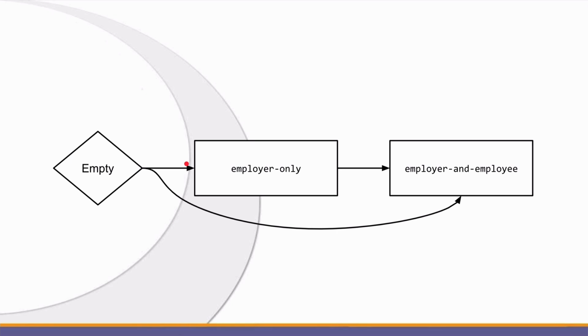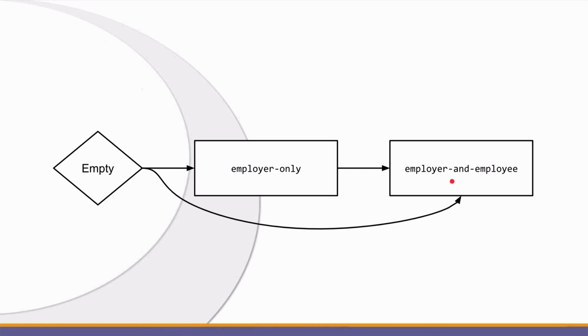And if you remember our form at runtime, in this example, we always have just one button, which is the submit button. So we want to say that if the workflow stage is empty and the employer is not also filling out the employee section, then we want to send an email to the employee and set that workflow stage to employer only. Otherwise, we want to set it to employer and employee.